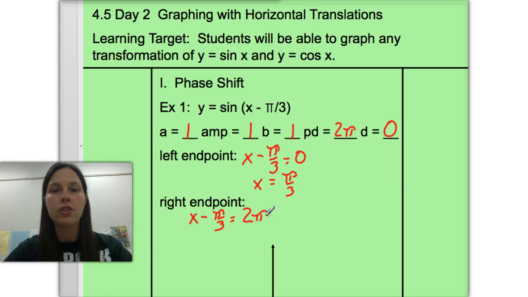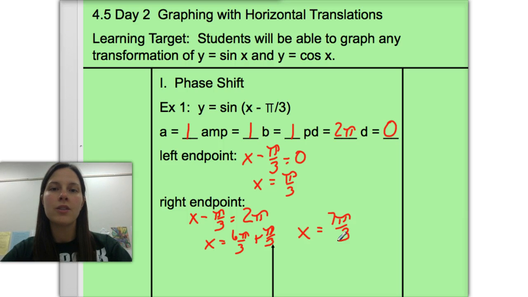That's the full rotation for the period for the sine function. So we add pi over 3 to both sides. I'm going to turn 2 pi into a common denominator with my pi over 3, and we get a new endpoint of 7 pi over 3. So with the different denominators, because the period is 2 pi, we still want to split it up into those pi over 2, those quarter rotations, but we're shifting over to pi over 3 to start with.